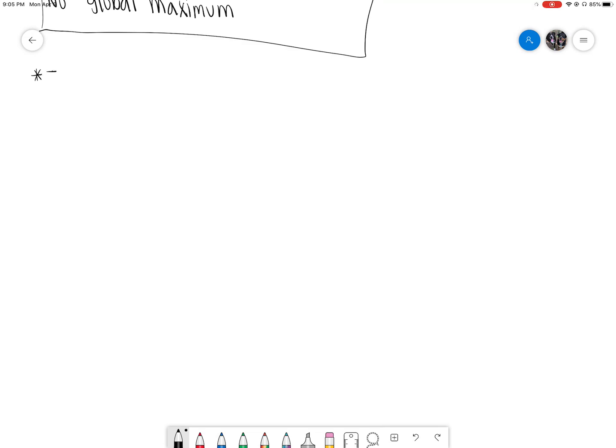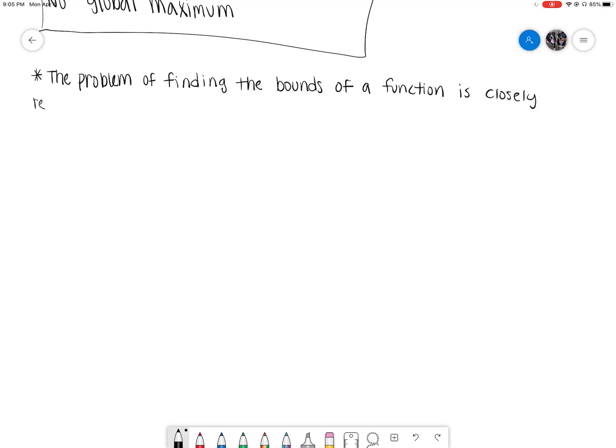So the problem of finding the bounds of a function is closely related to finding maxima and minima.